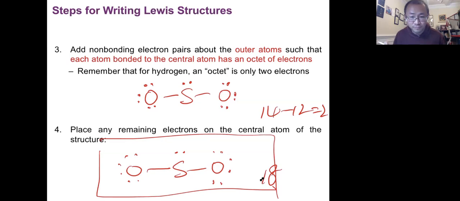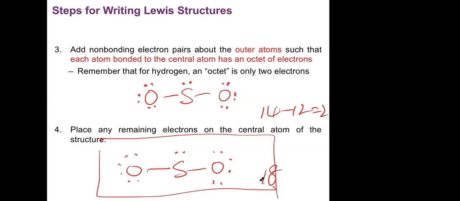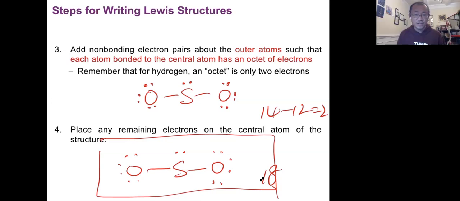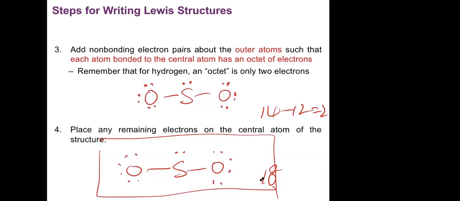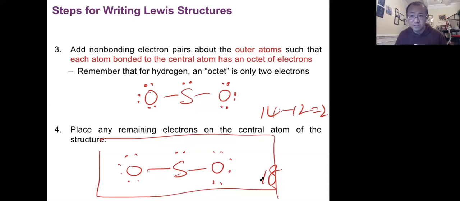Question number 2. Is everybody happy? Happy means, is everybody satisfied with the octet rule? Doesn't sulfur still need 2 more electrons? Very good. Sulfur is not happy. We satisfy from outside in, which means oxygen is happy. No problem, because we start with oxygen. But sulfur, we simply place the 2 left.